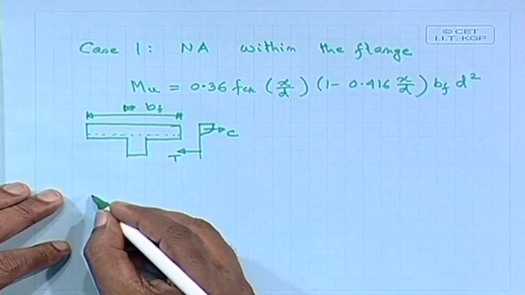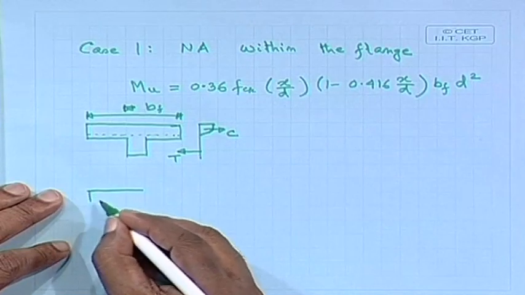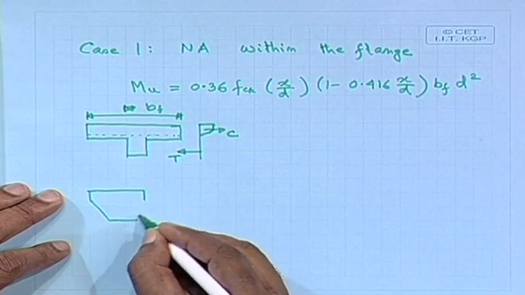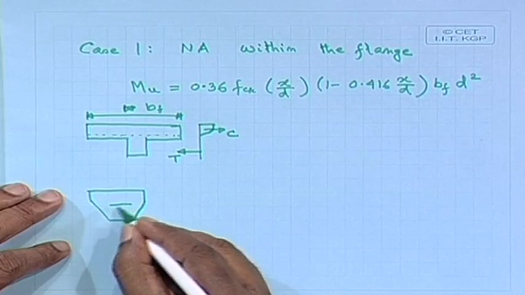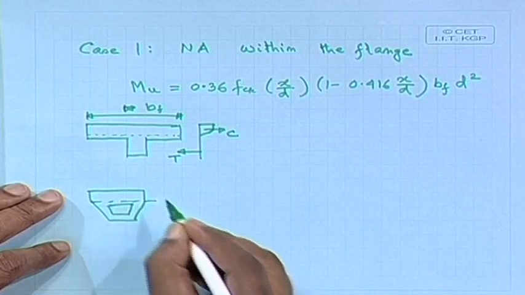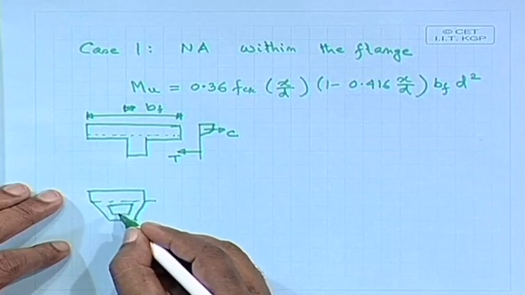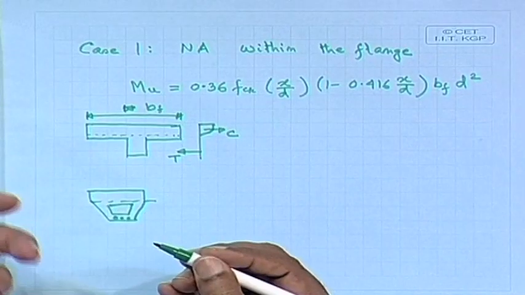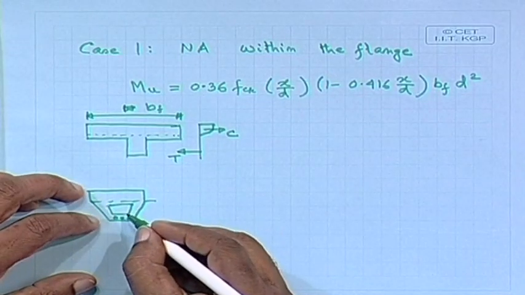So, in other way, we can make it like this also, that means this portion is void, because we are providing reinforcement here. So, I can remove that concrete from that portion, because we do not need it.